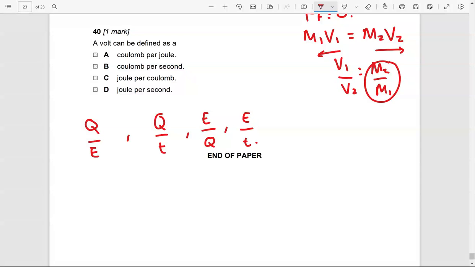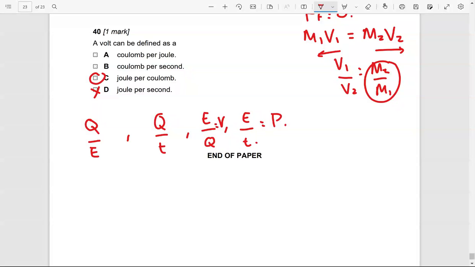Energy divided by time is power, so it's not D. Joules per coulomb, energy divided by charge is volts, so it should be C.